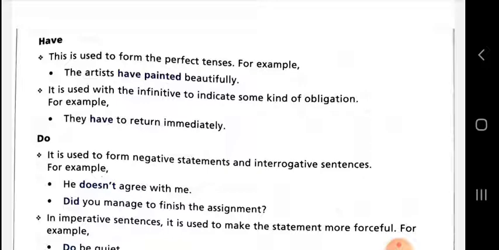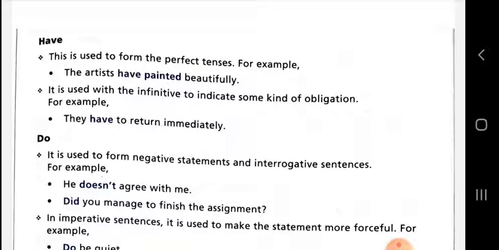And dear student, do is used to form negative statements and interrogative statements in present indefinite tense and past indefinite tense. Do not and does not is used in present indefinite tense.